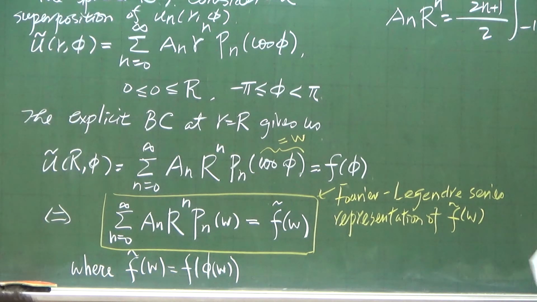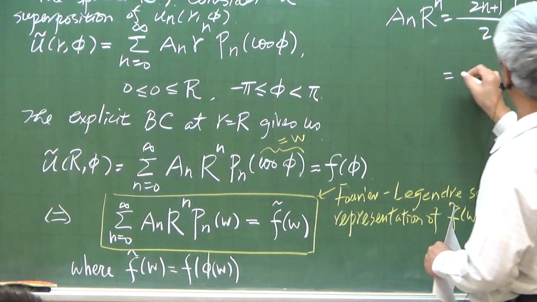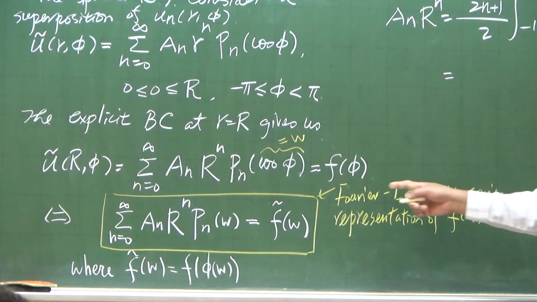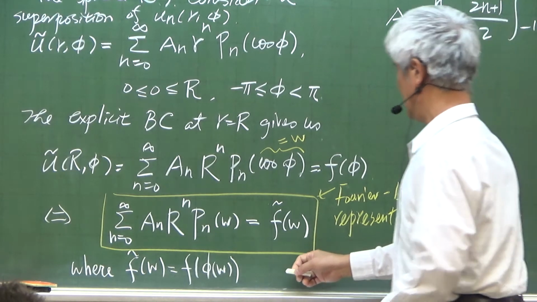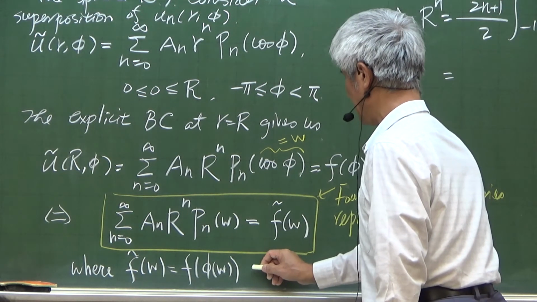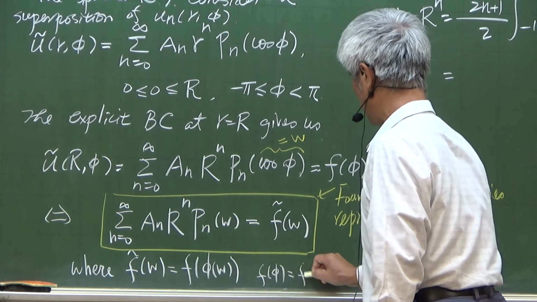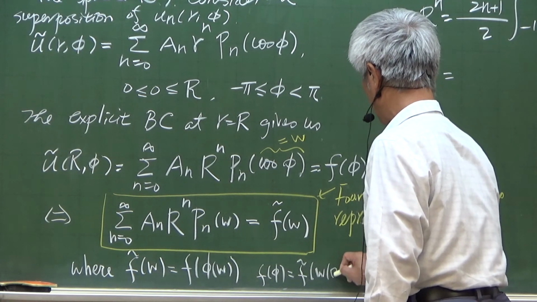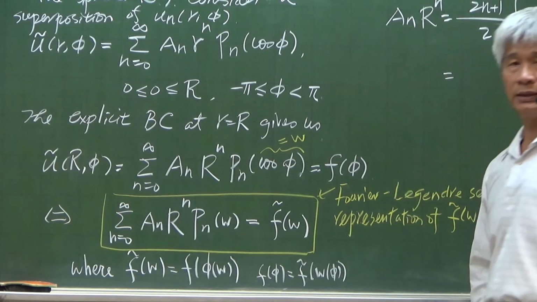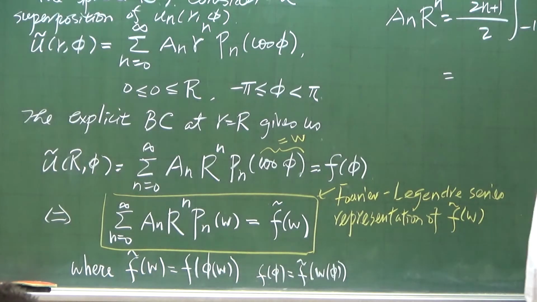Okay, and now we make a change of variable. So again, we know F of phi is equal to F tilde of w of phi. Okay? So when we make a change of variable, dw equals minus sine phi d phi.